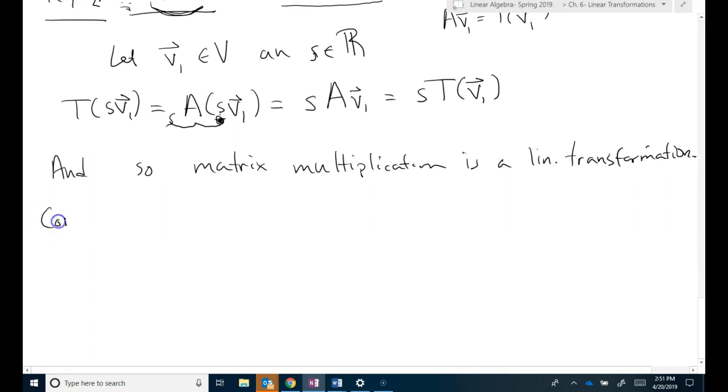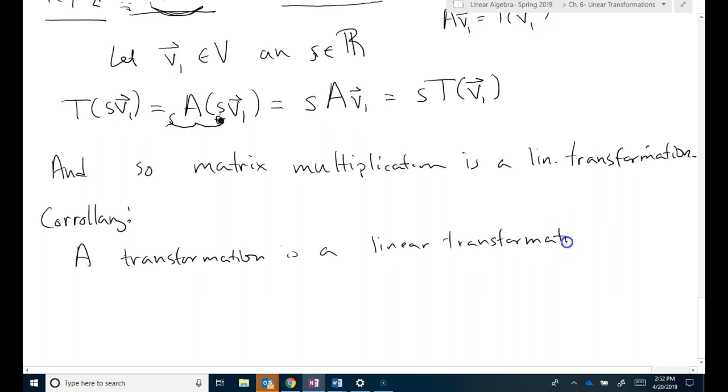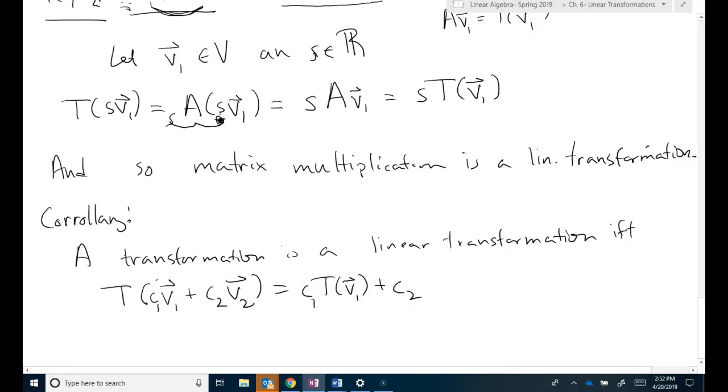Now let's take a look at a corollary. This one states that a transformation T is a linear transformation if and only if T of c1 V1 plus c2 V2 is equal to c1 T of V1 plus c2 T of V2.